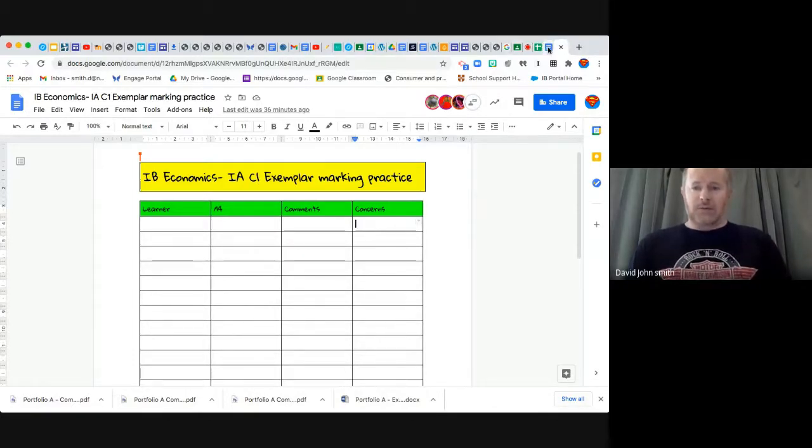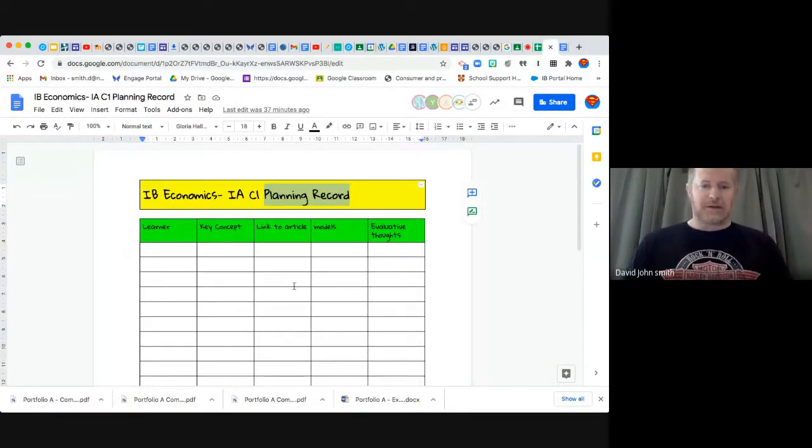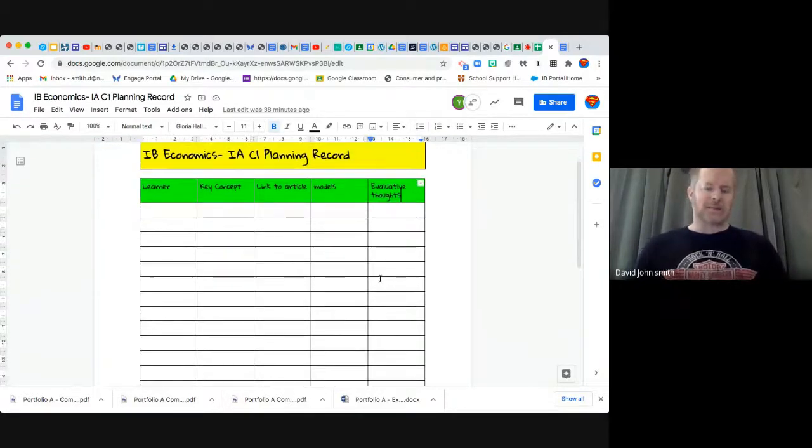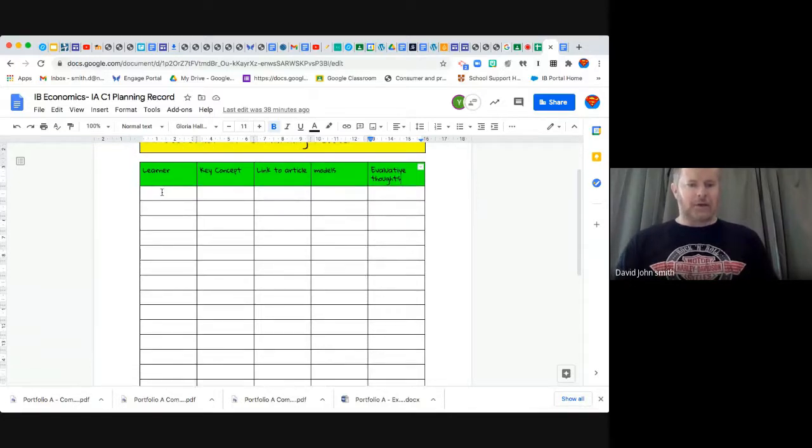Now, I've also put in this, which is popping up in the classroom as well, because this is something else I want you to work on. You can start this today, or this could be another day's activity. You're going to put your name in here and what key concept you're thinking you're going to be using. But the way to do that is to find the article first.